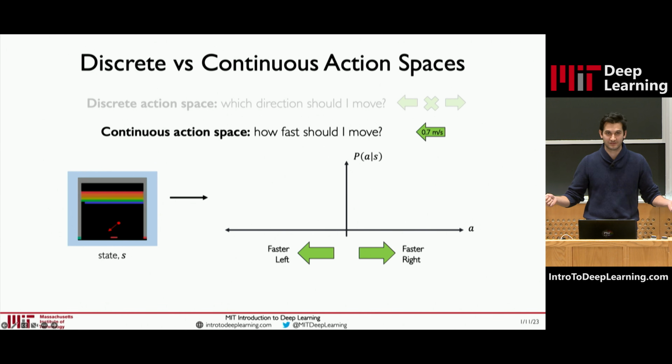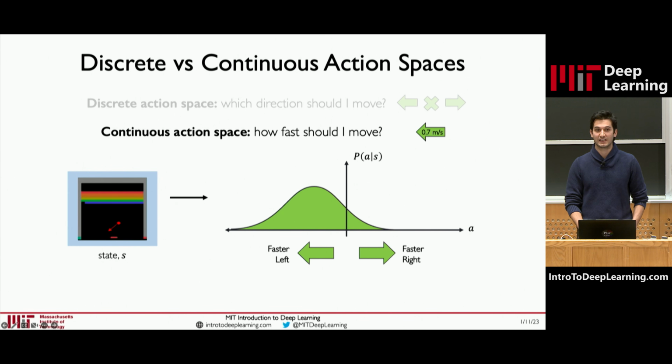That is a continuous variable as opposed to a discrete variable. And you could say that now the answer should look like this, right? Moving very fast to the left versus very slow to the left has this continuous spectrum that we may want to model. Now, when we plot this entire distribution of taking an action, given a state, you can see a very simple illustration of that right here.